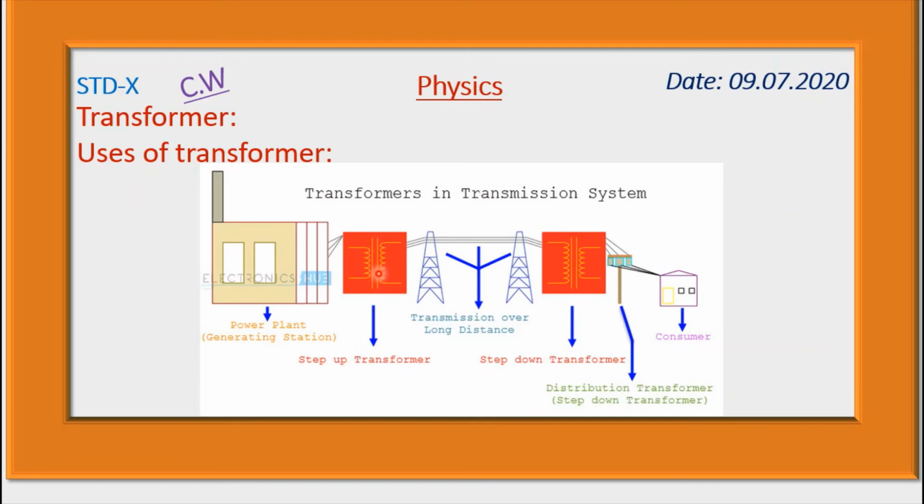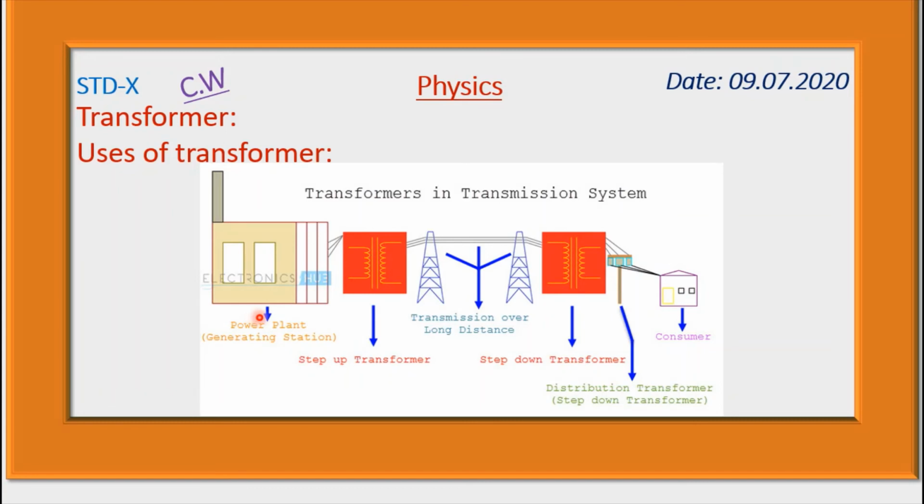We know the more current flows through a conductor, the more heat is produced. Therefore, in the transmission system the power is transmitted at a high voltage and at a low current.